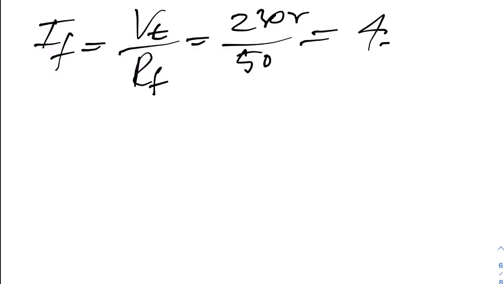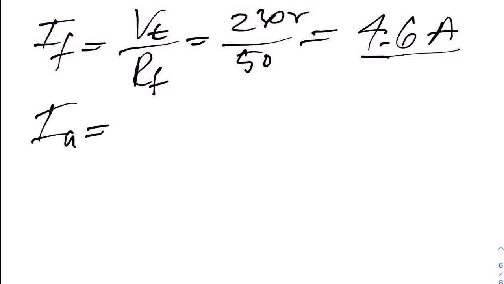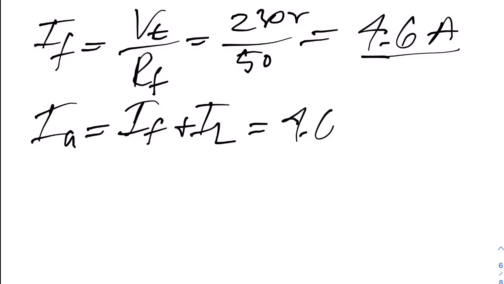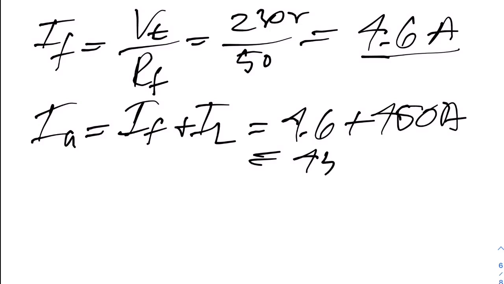The answer will be 4.6 ampere. Now we have to find IA. IA equals IF plus the load current: 4.6 plus 450 ampere. IA will be 454.6 ampere.